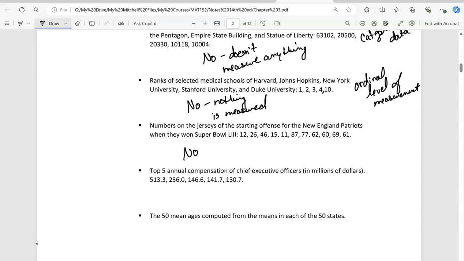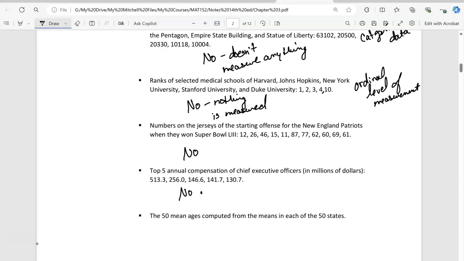What about the top 5 annual compensation for chief executive officers? Is it going to mean anything? Well, we could take those salaries and we could find the average of the salaries, but is it going to mean anything in the context of CEOs in general?